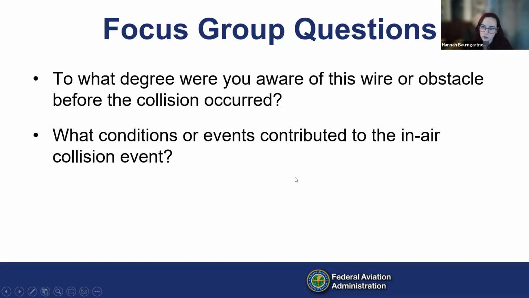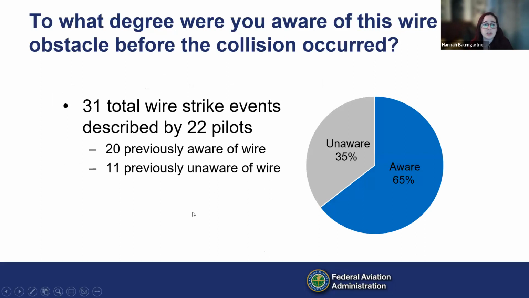Those are available in the report if you'd like to read more about it, or I can answer questions offline. But jumping right in, to what degree were they aware of the obstacle before the collision occurred? Overall, we had 22 pilots who described 31 different wire strike events. I wasn't necessarily expecting this going in, but going around the room, you'd ask the pilot what happened during the wire strike event, and they'd say, oh, which one? The first time this happened.